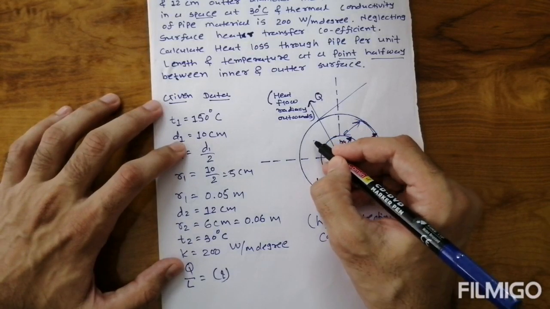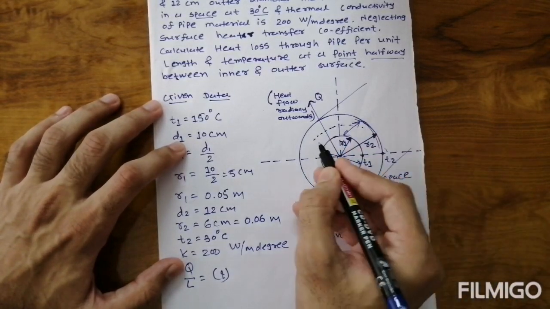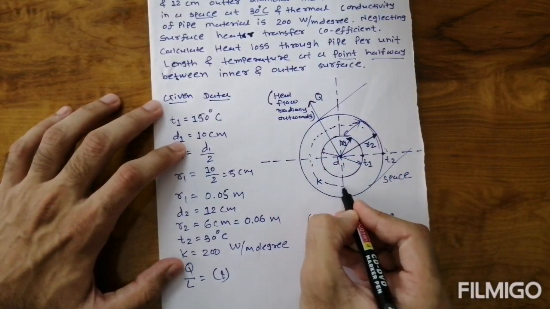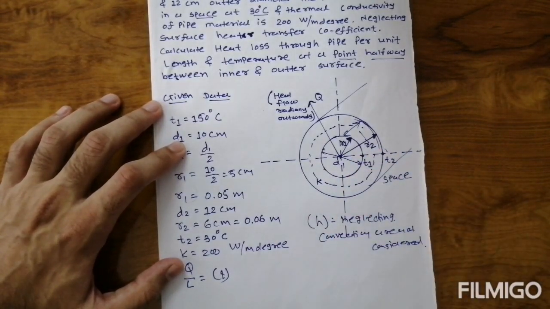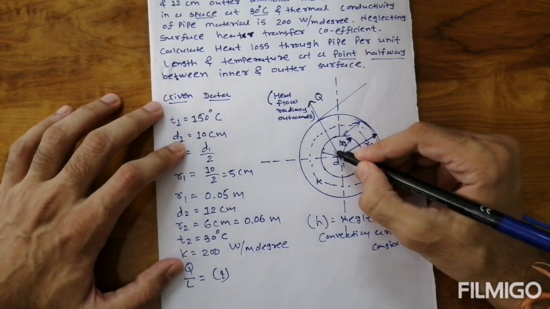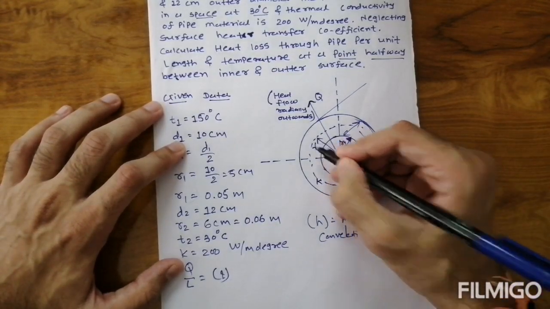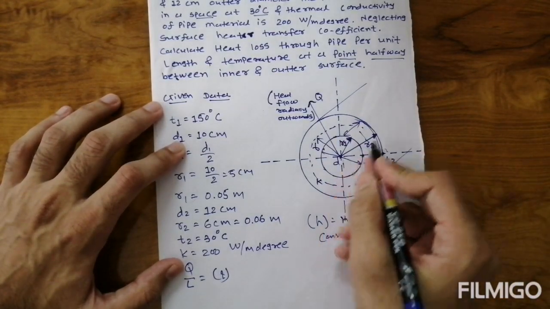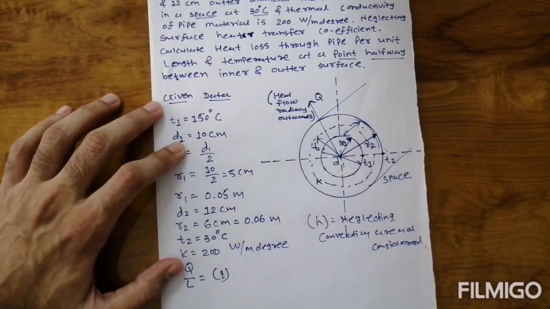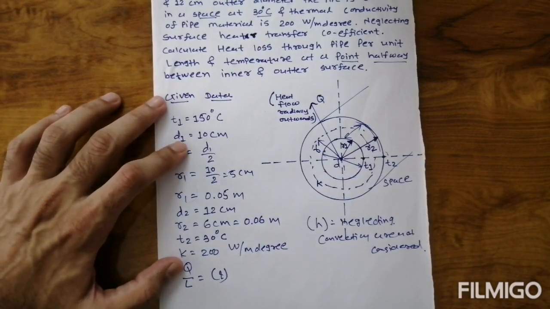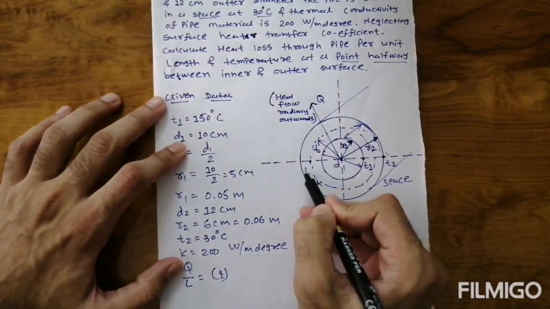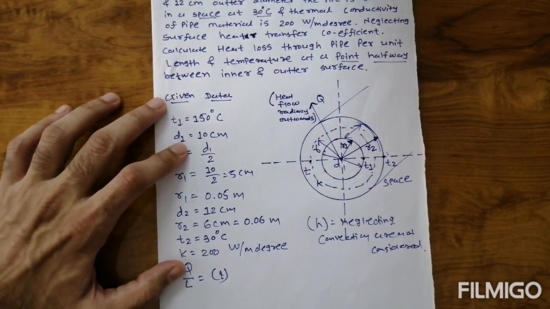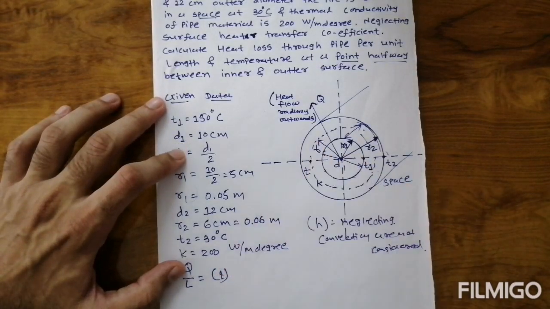We consider an element, a circular shape, whose radius we consider as r. R1 is the inside radius, R2 is the outside radius, and the halfway radius we assume as r. Similarly, the halfway temperature is T. So halfway temperature T, radius r.